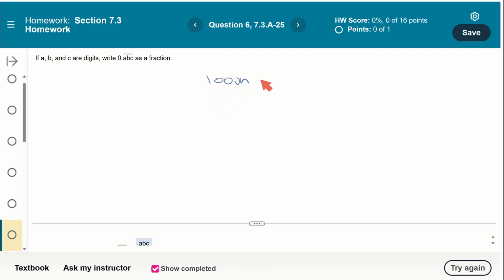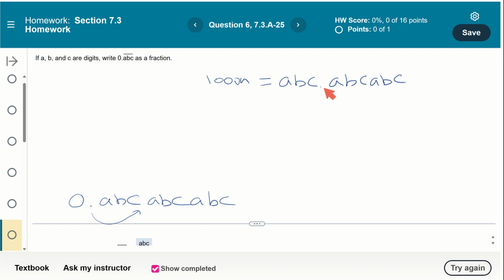So we start with 1,000 n, and notice that's going to move the decimal 3 places over. And remember, we're looking at this number, the original number 0.ABC, ABC, ABC. So what happens? It moves 3 over, so it becomes ABC point ABC, ABC, etc., on and on. Now, n itself is 0.ABC, ABC, on and on forever, right?